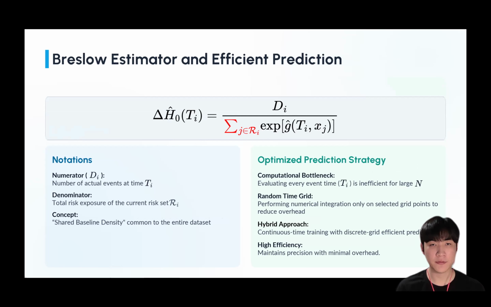However, checking every event time during prediction causes a computational bottleneck as the data size grows. To solve this, the authors used a hybrid approach. The model trains in continuous time, but performs inference on a random time grid. This allows Cox-Time to produce precise survival curves while minimizing computational overhead.